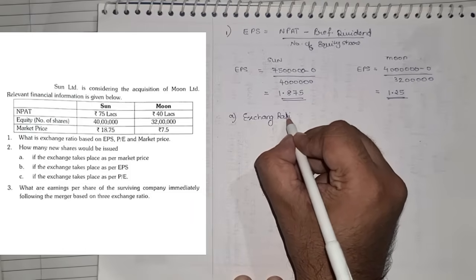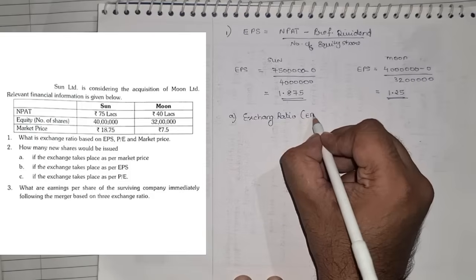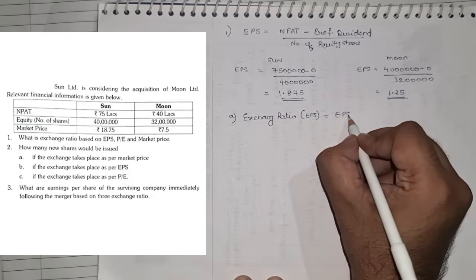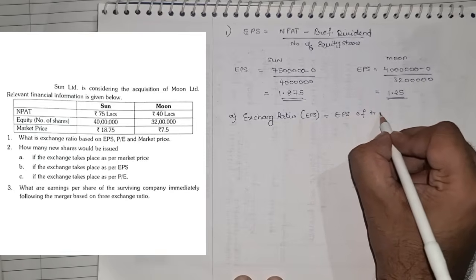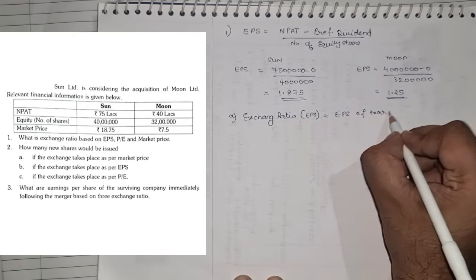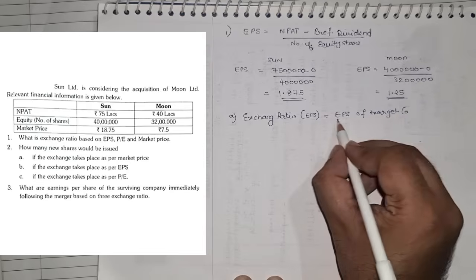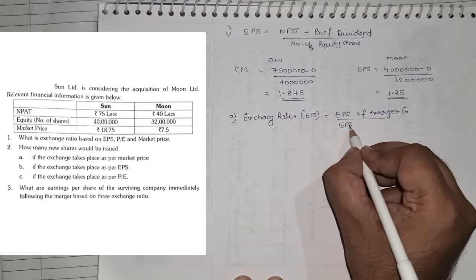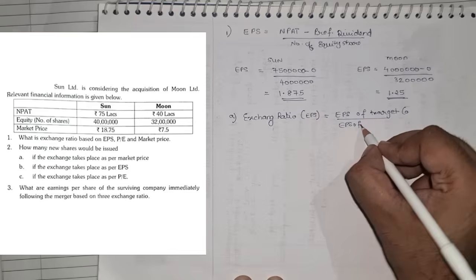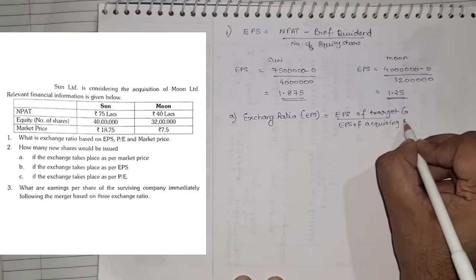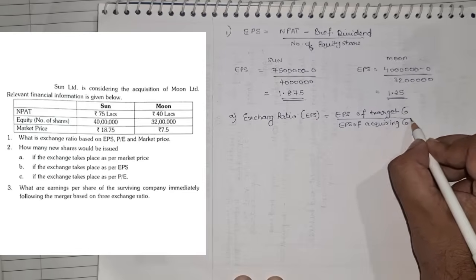The exchange ratio as per the EPS method is equal to EPS of the target company upon EPS of the acquiring company. The target company is the company which is going to be taken over.